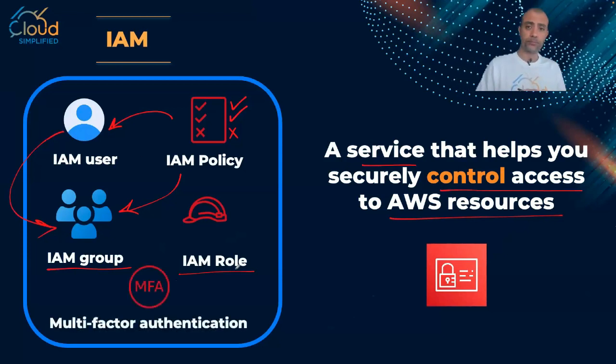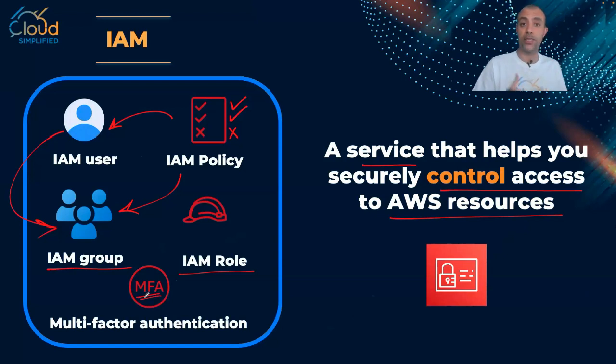And finally, this is something very recommended to be configured. It's not enabled by default, but it's something very recommended to be enabled, what we call the MFA, or multi-factor authentication.